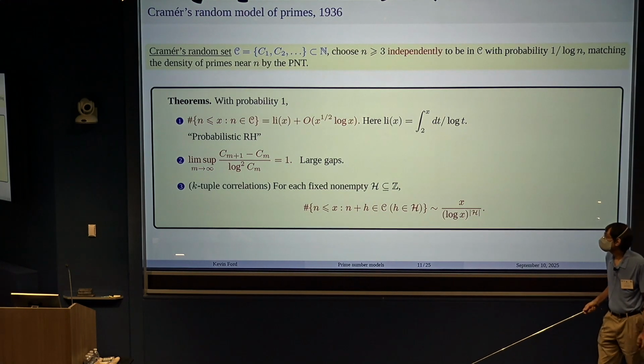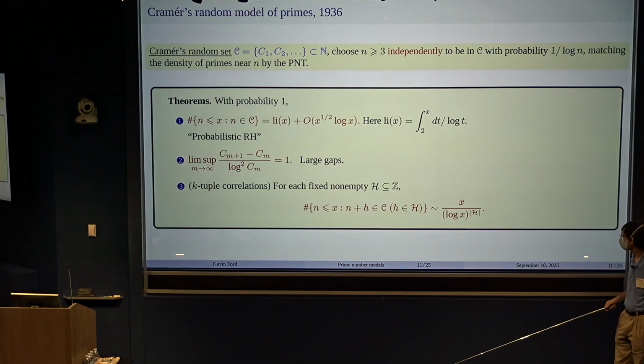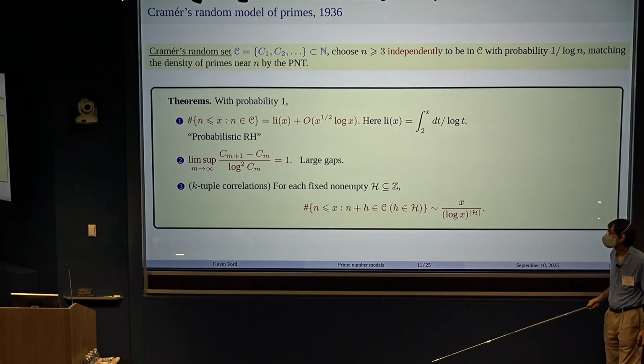And he used that to make the same prediction about the primes. So the Cramer set also satisfies some information about k-correlations.